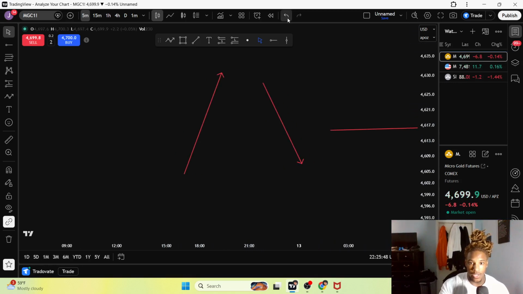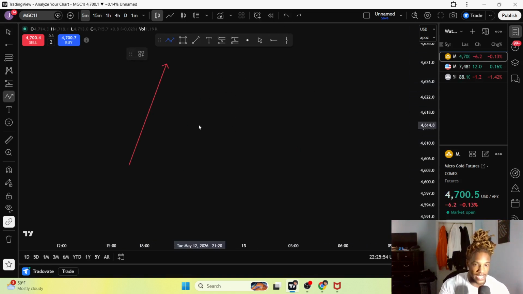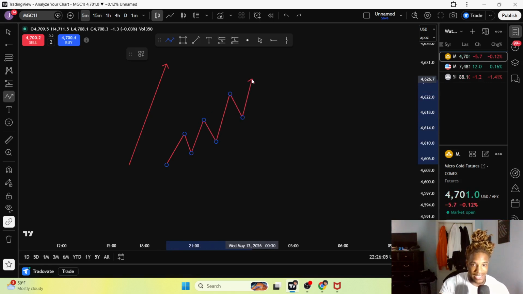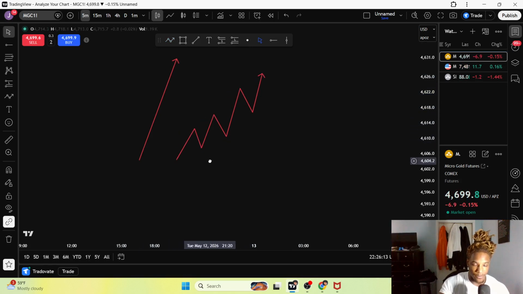Usually, when the market wants to buy, right, it doesn't just go straight up. It moves in patterns. It moves up, comes back down, moves higher, comes back down, moves higher, comes back down, etc., etc., until whenever it wants to stop. Now, these moves, right?